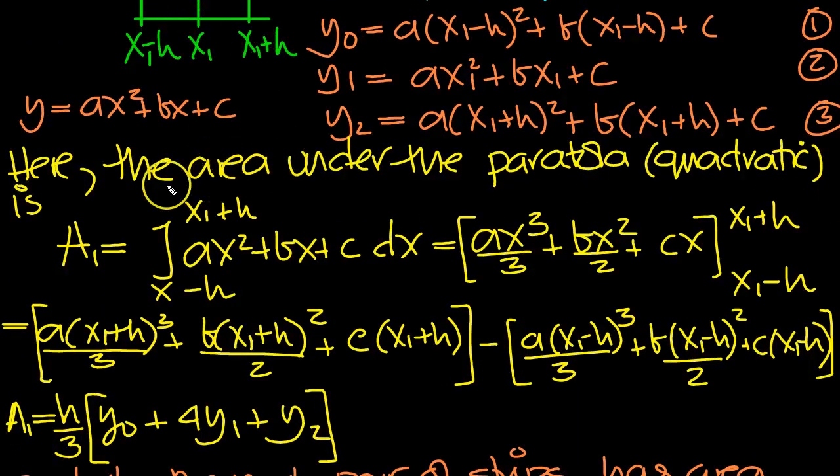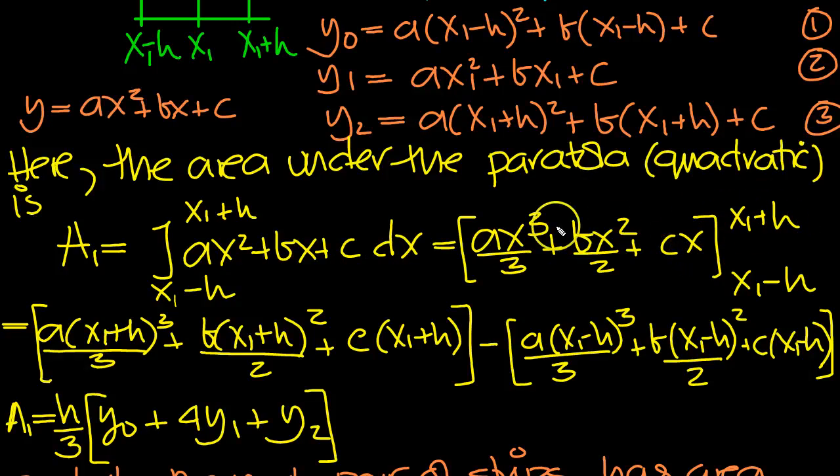So what have we got now? Well, the area under the parabola that we've just mentioned is simply this integral. Here's the quadratic, as we said, the parabola. Integrate between x1 minus h and x1 plus h. And we can integrate: cube over 3, square over 2, isn't it? Powers of x, and a constant integrates to the constant times x.